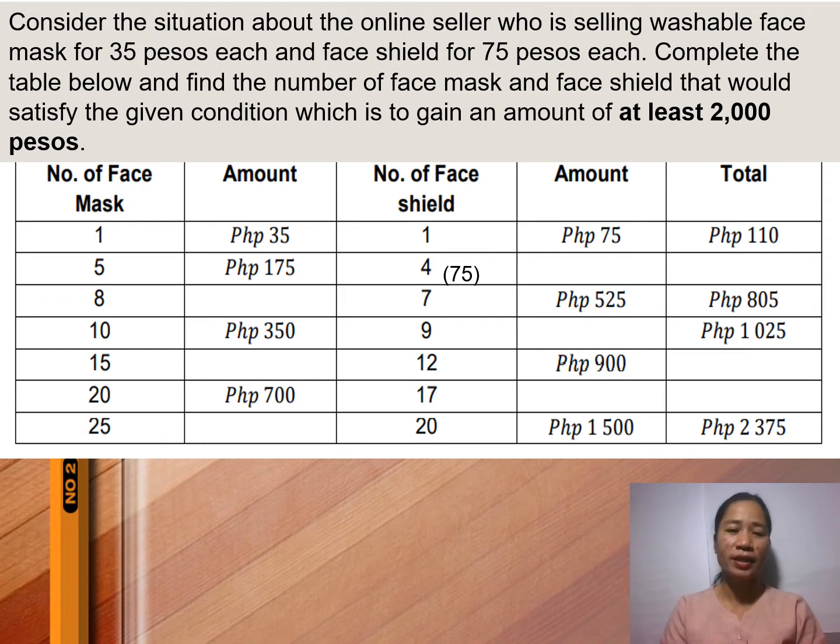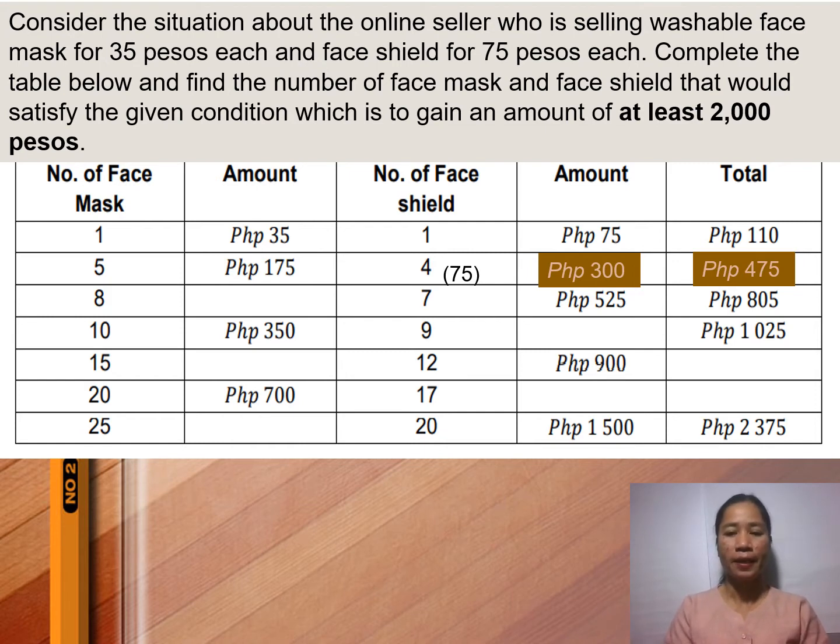To identify the number of face masks and face shields, we are going to complete this table. For the face shields, 4 times 75 is 300. The total amount of 5 face masks and 4 face shields is 475.